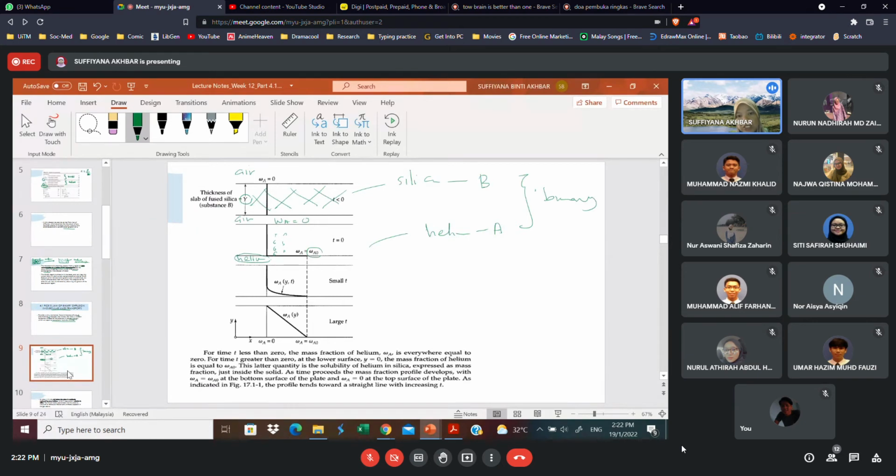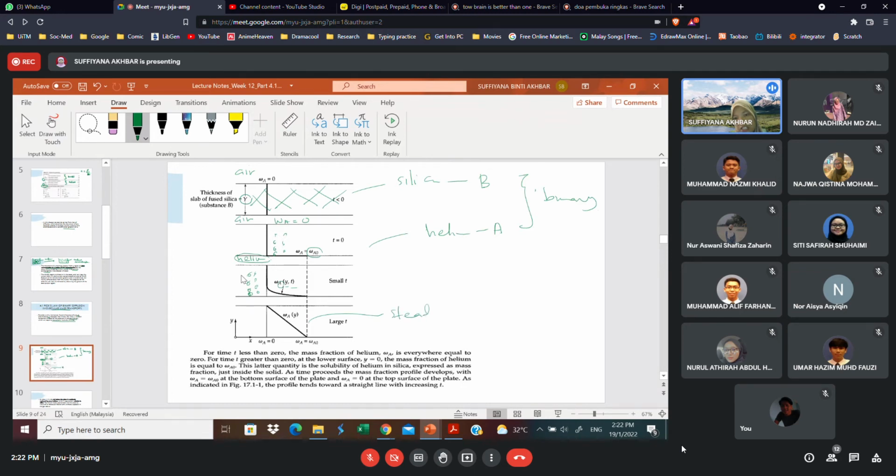Okay, so it diffuses upward. Therefore, here the mass concentration of helium changes with thickness and time. As time goes by, it achieves a steady state condition.